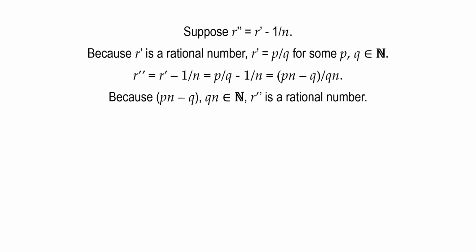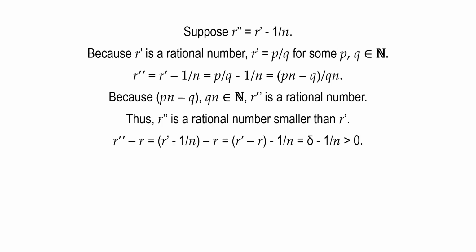Because pn minus q and qn are natural numbers, R double prime is a rational number. Thus, R double prime is a rational number smaller than R prime, and R double prime minus R, which is R prime minus 1 over n minus R, equals delta minus 1 over n, which is larger than 0.